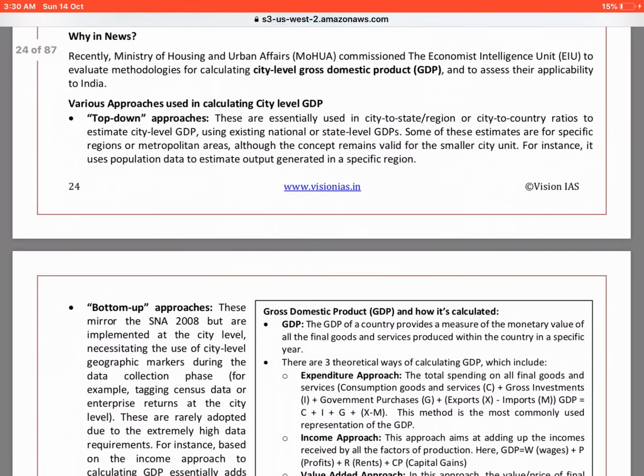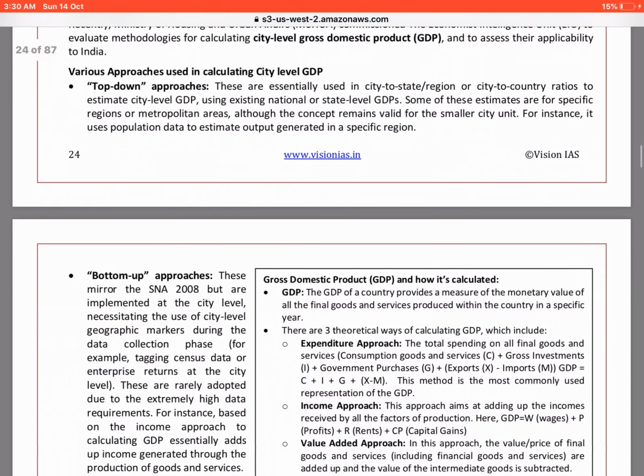And this also helps in identifying those cities which are not working up to the mark, and the government can get to know what the lacunas are, why they are not working efficiently, and what the government can do to improve their current level of GDP.